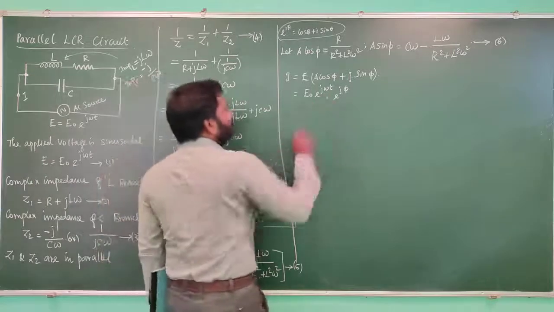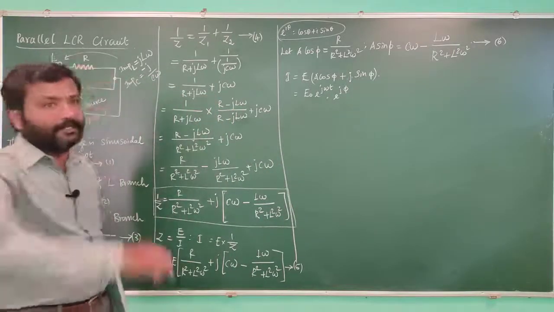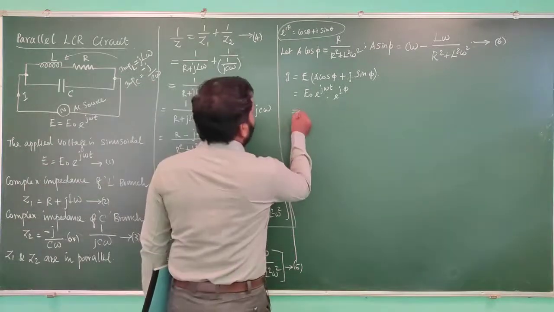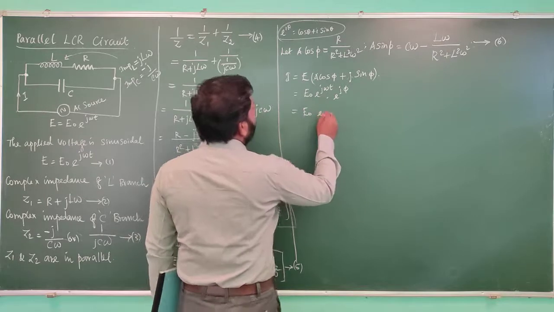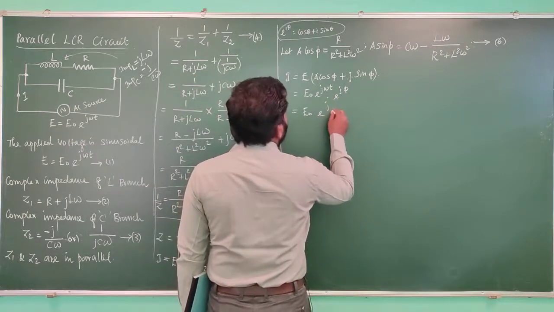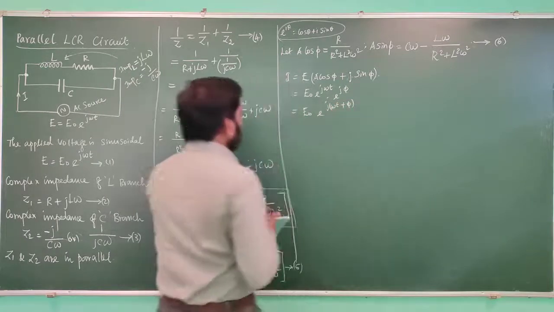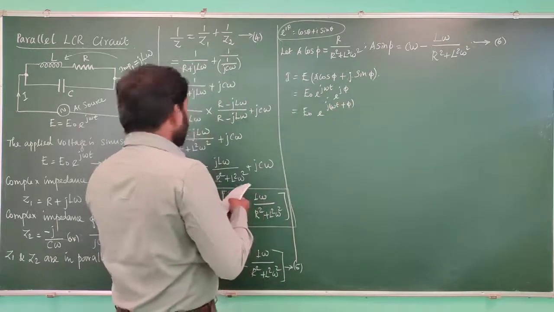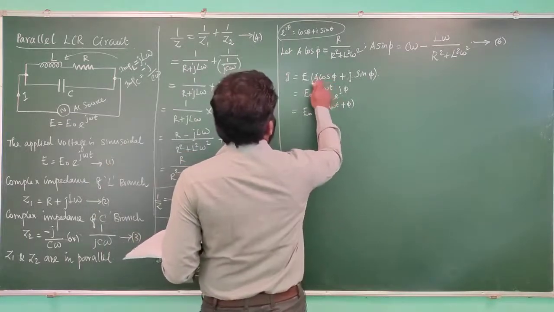And the powers of the product of exponentials can be added, right? So that you can write E naught into e power j (omega t plus phi). And the A is missed here. There is an A, right?